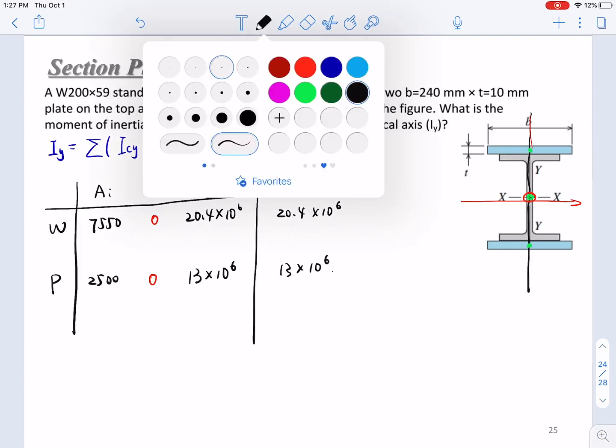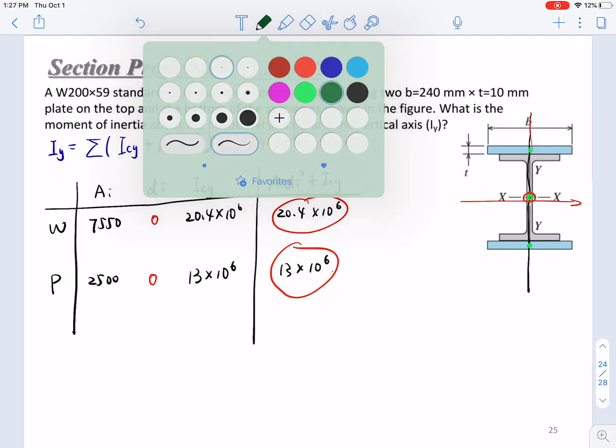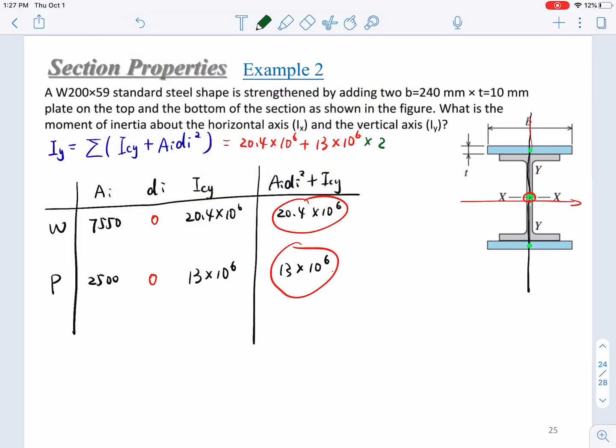So here is just A_i d_i squared plus ICY. Since d_i is all 0, we just get 20.4 million and 13 million. So this will be 20.4 million plus 13 million. Again, don't forget times 2. This will be 66.8 million millimeter to the fourth.